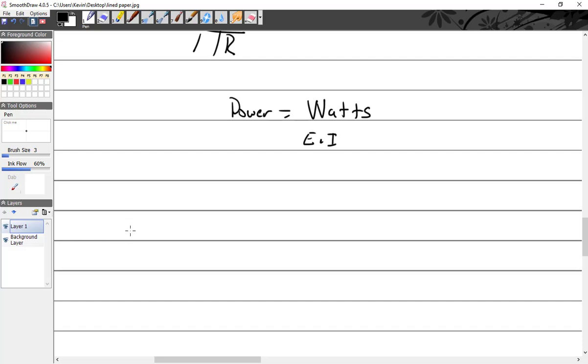So, back to Ohm's Law. Ohm's Law says, boy, I hate to write this: the current in an electrical circuit is directly proportional to the EMF and inversely proportional to the resistance. Did you catch that?